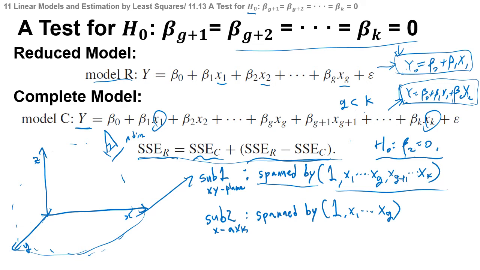Okay, so subspace 2 is inside of subspace 1. So this whole dimension is the whole n-dimensional space. Subspace 1 is k plus 1 dimensional space, and subspace 2 is g plus 1 dimensional space.